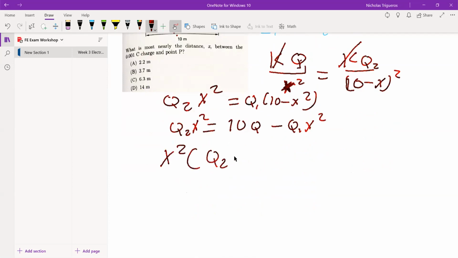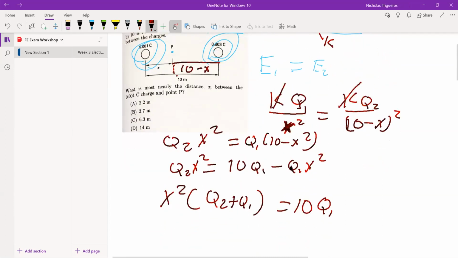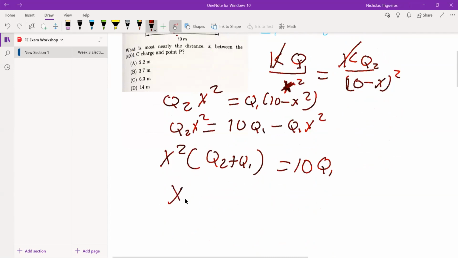X squared times Q2 plus Q1 equals 10 Q1. And eventually we'll get AX squared plus 10X. I missed an X somewhere.